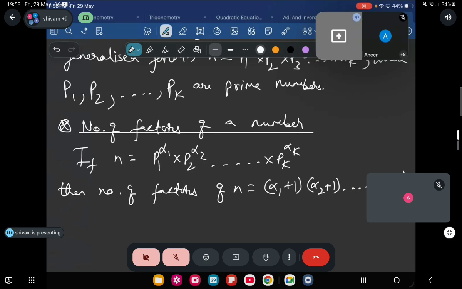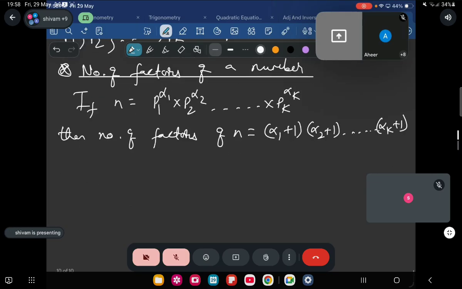Next, the number of factors of n will be equal to alpha 1 plus 1 into alpha 2 plus 1 up to alpha k plus 1. For example, I'll first give you an example, then I'll give the proof as well. Factors of 12: 12 is equal to 2 square into 3.